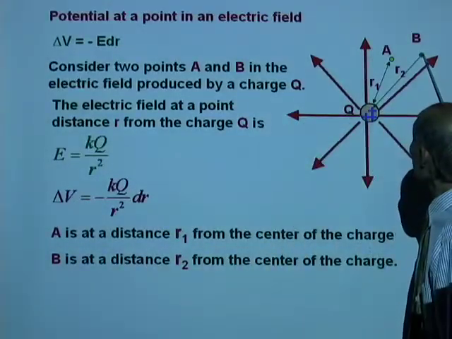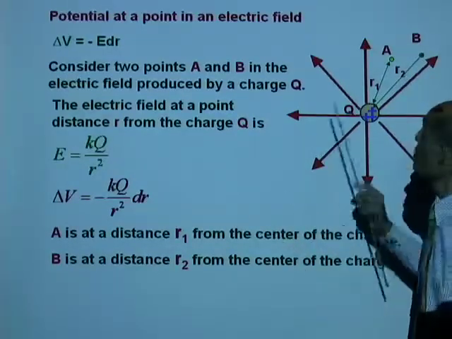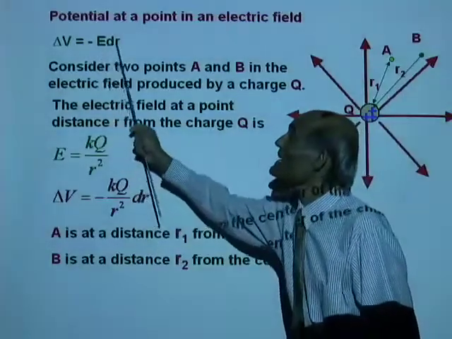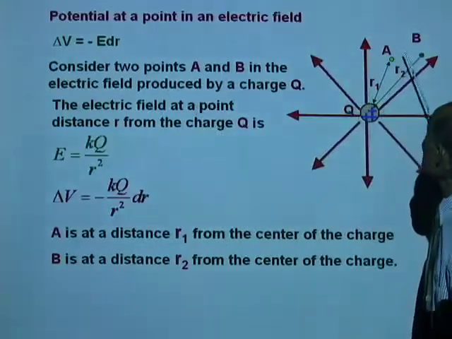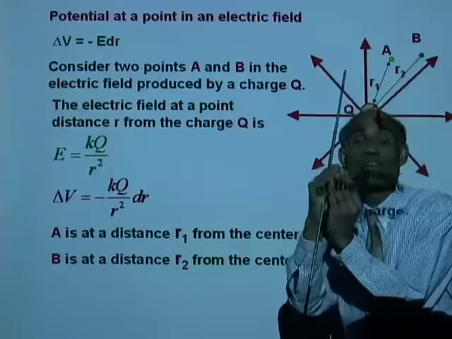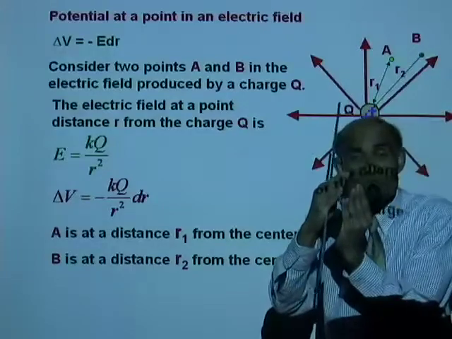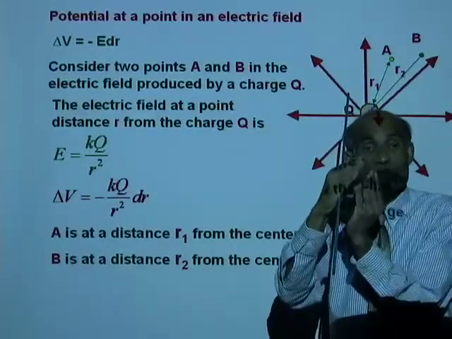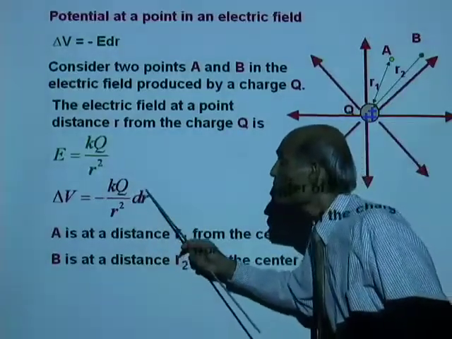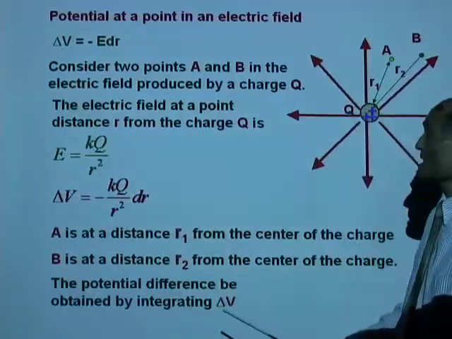Delta V represents the potential difference between the points A and B. It is negative E dr, where we assume that dr is so small that E will remain a constant. In other words, A and B are very close together. The distance dr is so small that we will assume that the field in that region dr will remain a constant kq over r squared.